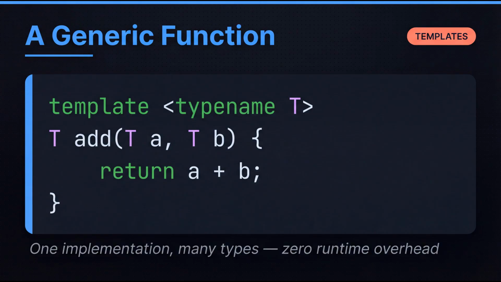When you call it with two doubles, the compiler generates a double version. One implementation, many types. And crucially, there is zero runtime overhead. The compiler generates specialized code at compile time, as if you had written separate functions by hand.